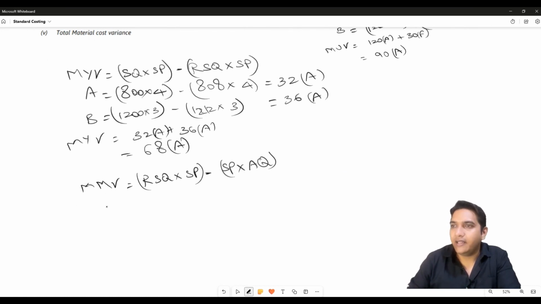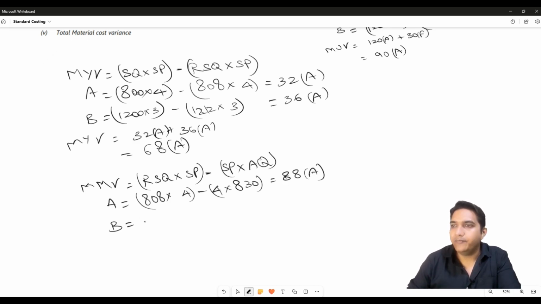Let's see for A. The revised standard is 808 times 4 minus standard price 4 times actual quantity, which was 830. What is the variance here? 22 times 4, 88 adverse.